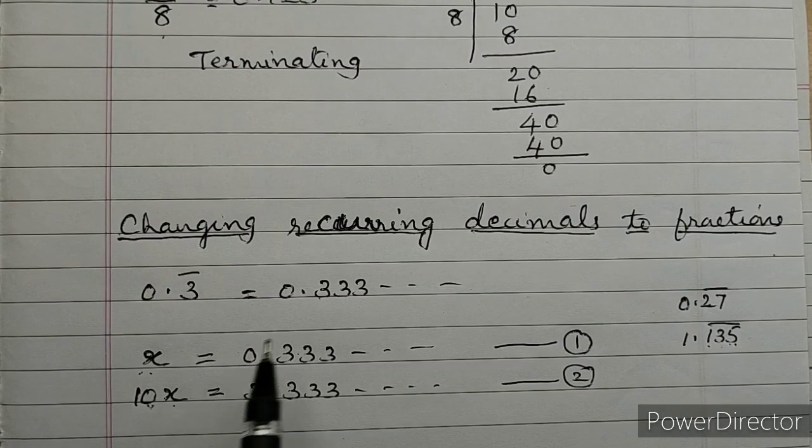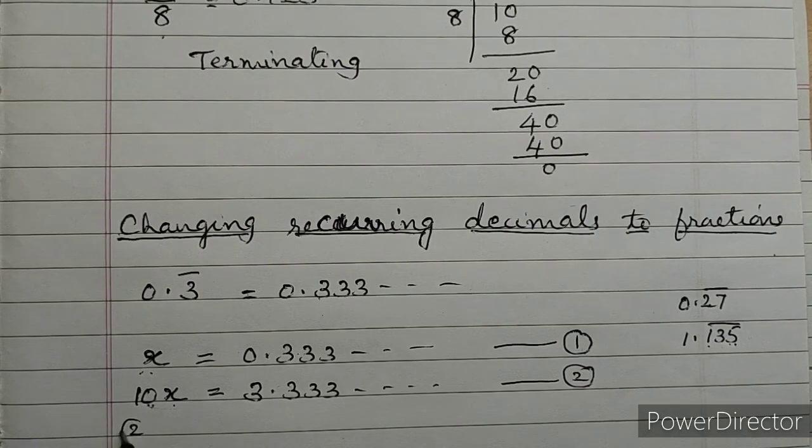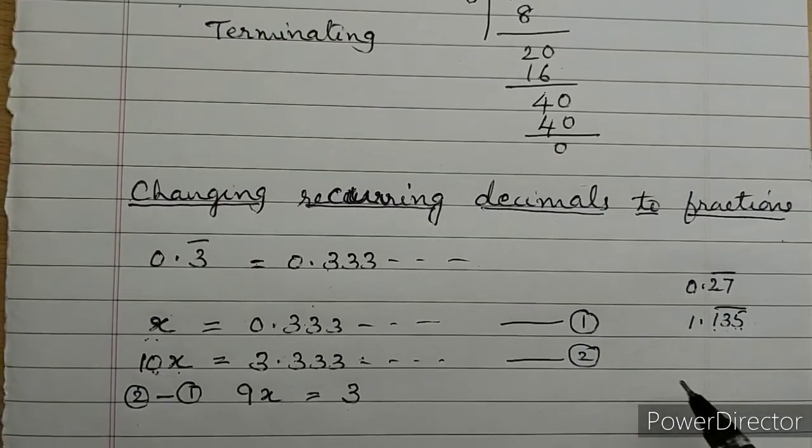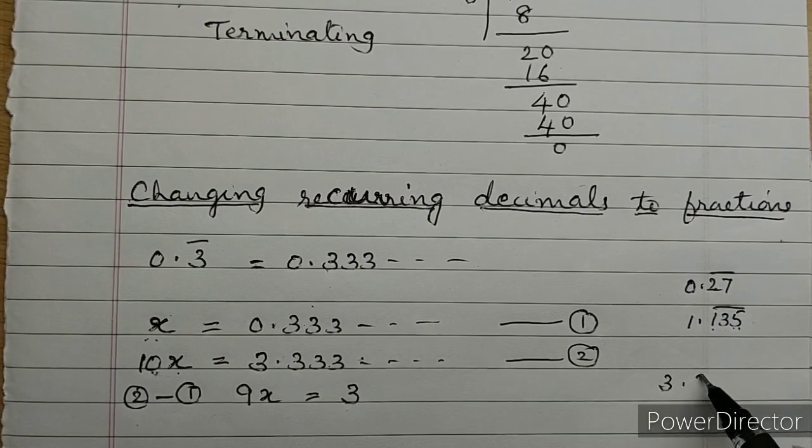So like that, seeing the question, you have to change the second step. Now second equation minus first equation, you have to subtract this. 10x minus 1x, that is 9x, equals 3.333 minus 0.333, that is obviously it is 3 only. If you don't know, you have to write it and add, subtract it and see.